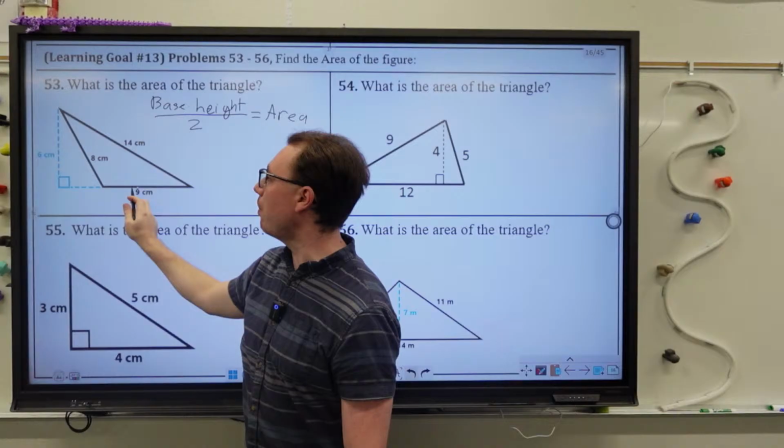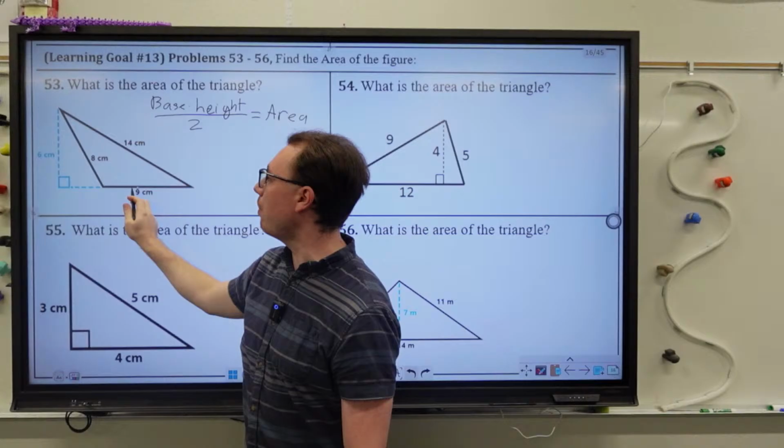The height here is 6 centimeters. And we're multiplying those two values together and then dividing by 2. So we can say that 9 centimeters times 6 centimeters gives us 54 centimeters squared. And then we want to divide that by 2 to find the total area. 54 divided by 2 gives us that total area there of 27 centimeters squared.